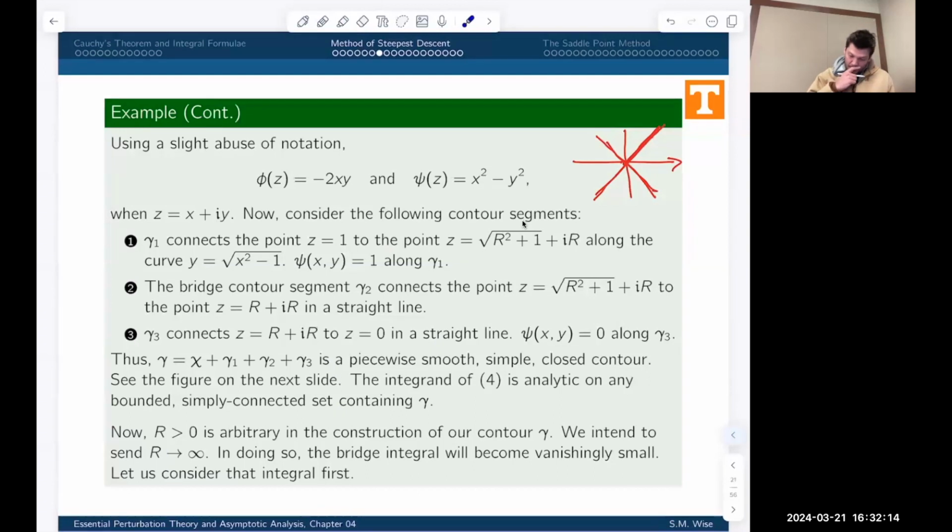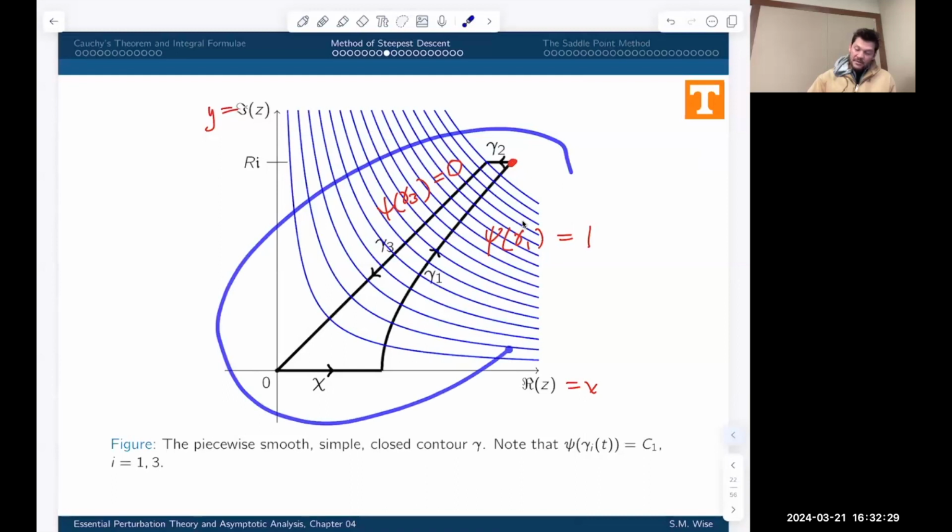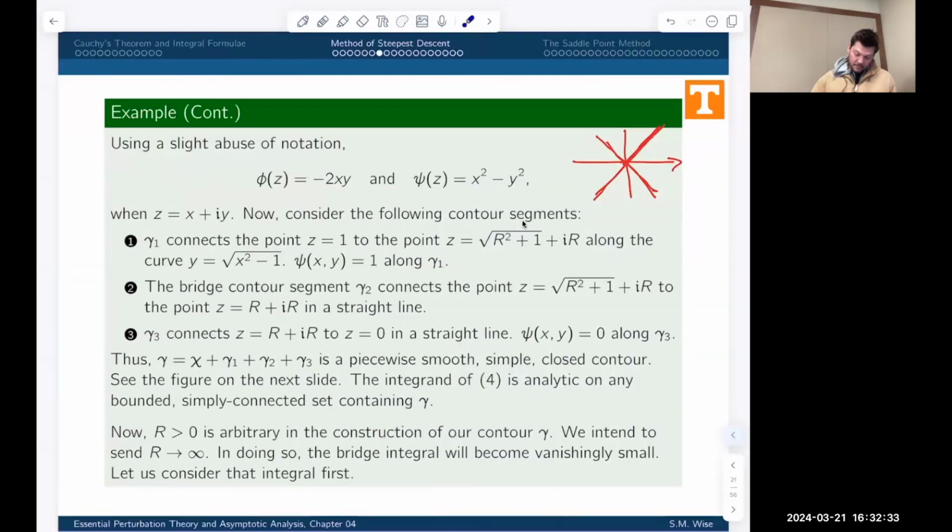All right, so the piecewise smooth, simple, closed contour that we want is going to be this one, as we said. The integrand is analytic on any open set which contains that. No problem there. So all our theory is going through so far.